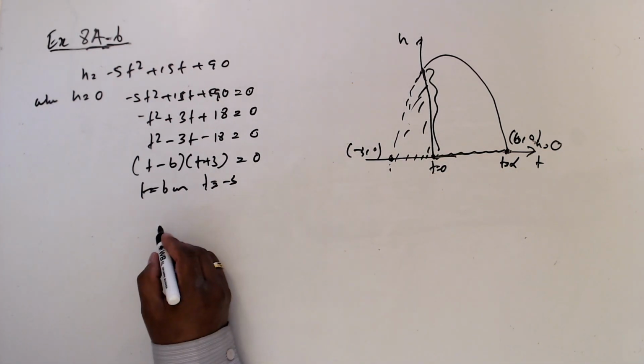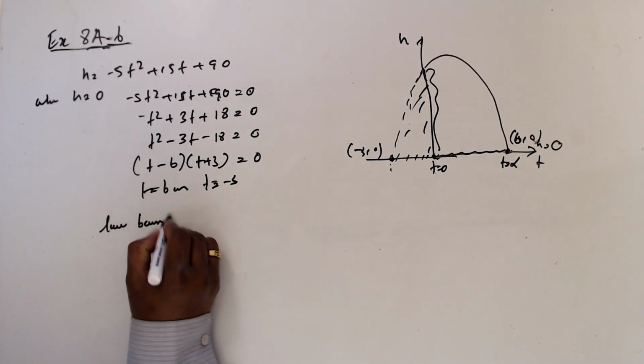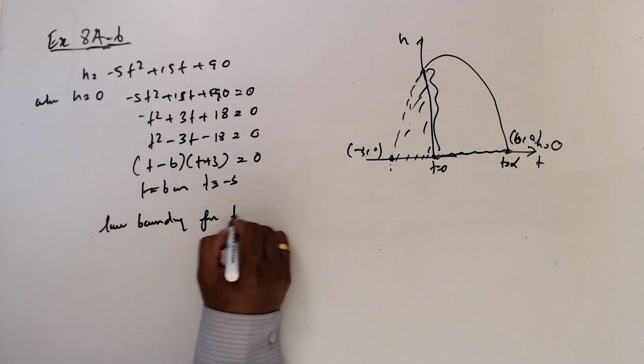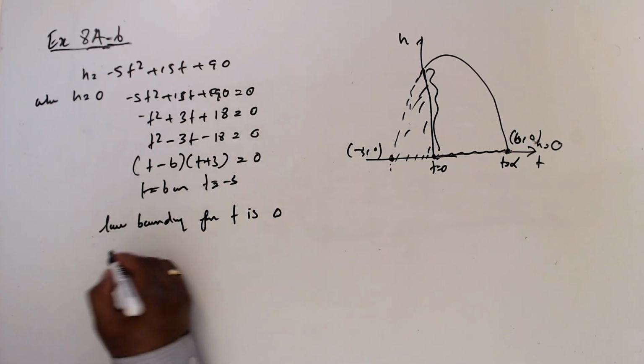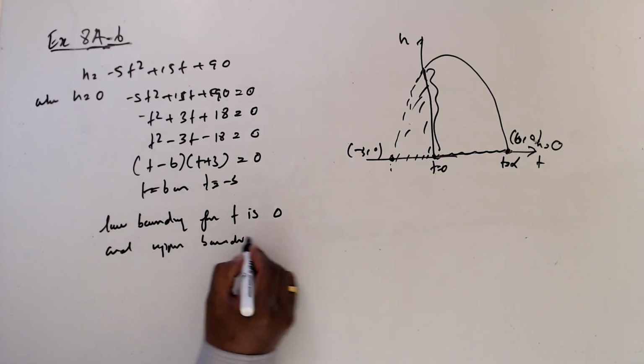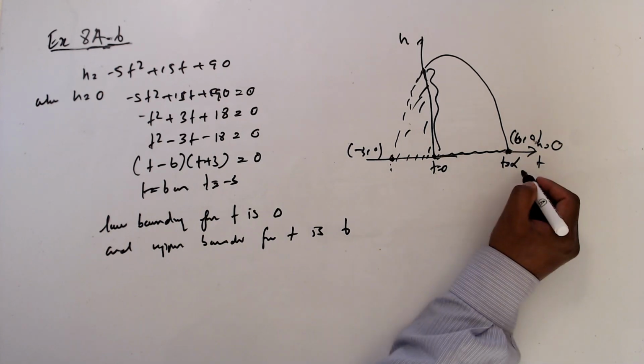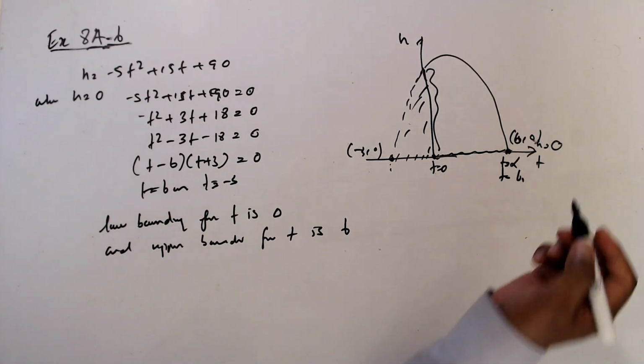So the lower boundary for t is 0 and the upper boundary for t is 6. So alpha is 6, t equals 6.